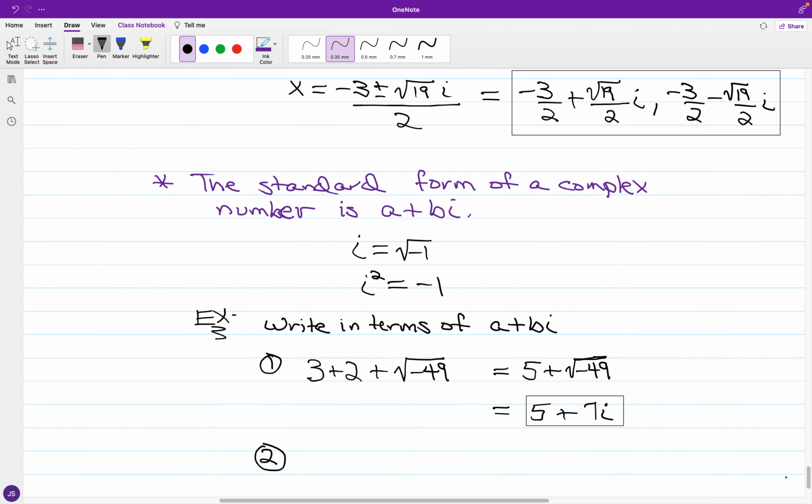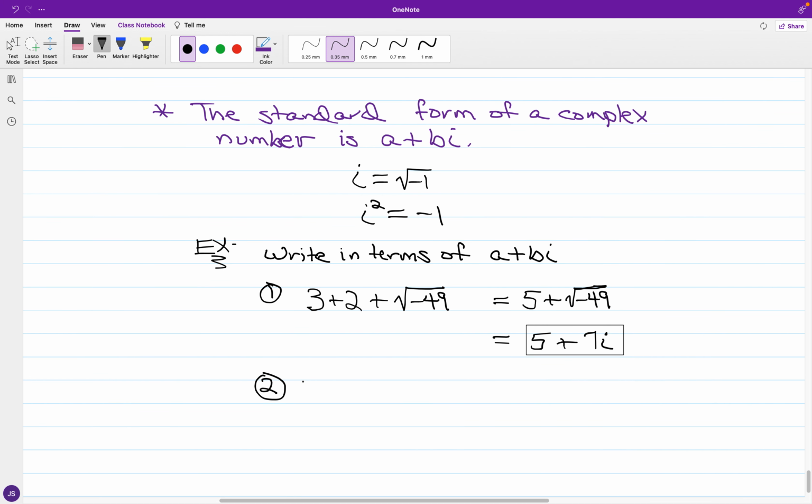Okay, so this one is kind of a short answer item. But let's say in the case of variables, I have a couple of complex numbers, say 2 plus the square root of negative 16 plus 3 minus the square root of negative 81.